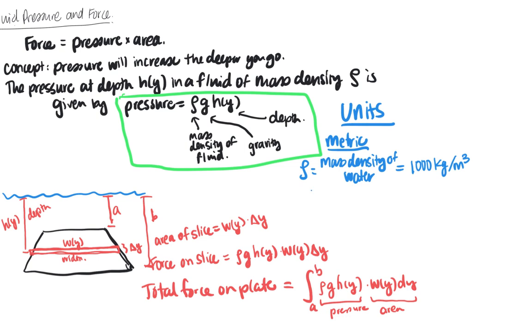And then my g, which is the force of gravity, is 9.8 meters per second squared. And then the force is going to be measured in newtons.